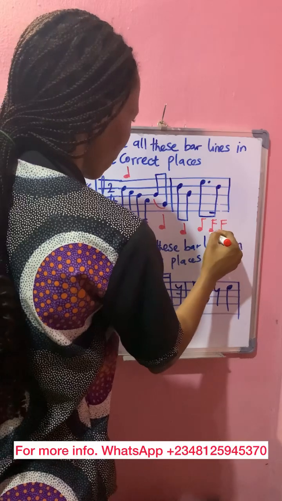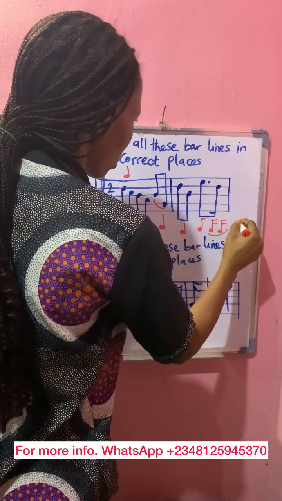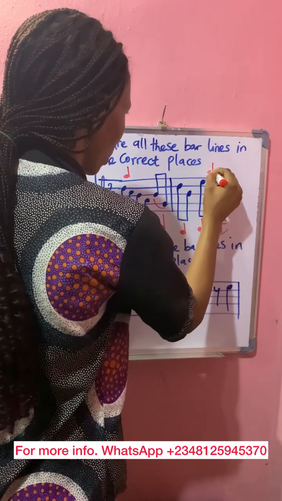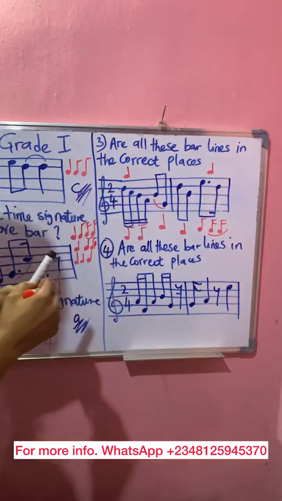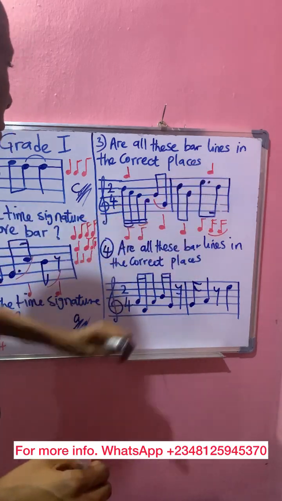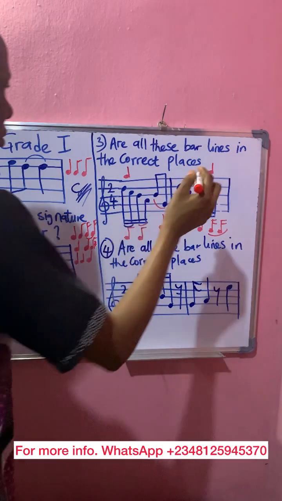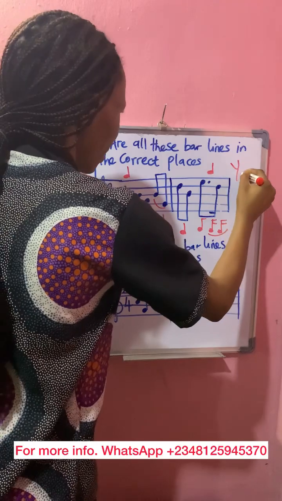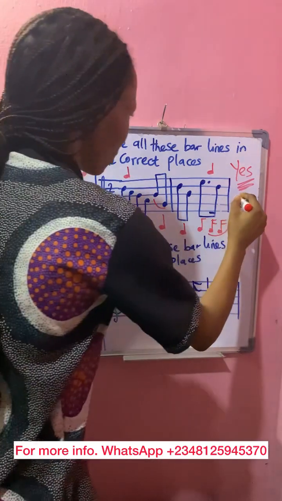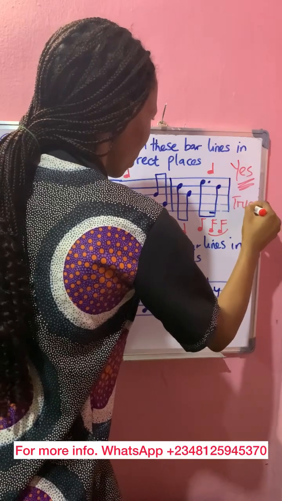What can 2 semi-quavers give us? 2 semi-quavers will give us 1 quaver, right? So 1 quaver plus 1 quaver is equivalent to 1 crochet. So now let's count. This is 2 crochets in 1 bar, another 2 crochets in 1 bar. So that means the answer to this is yes. So we can say true, depending on what you see.